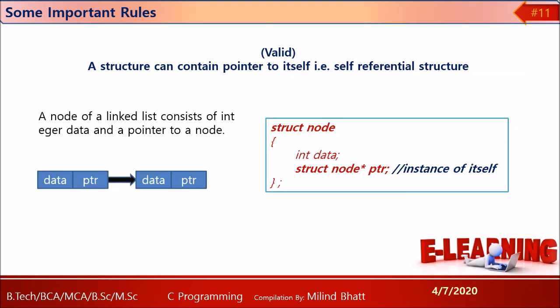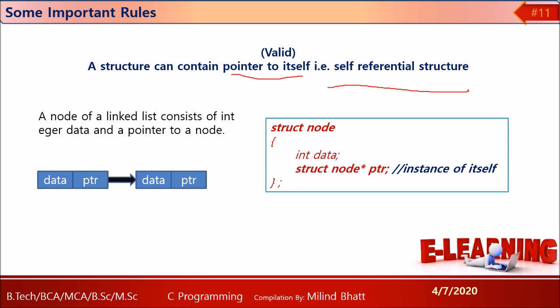A few more points. A structure can contain a pointer to itself. This is a very important point, and in data structures it is widely used. This is also called a self-referential data structure. For example, a node in a linked list consists of integer data and a pointer to a node. Say I am having data and pointer.